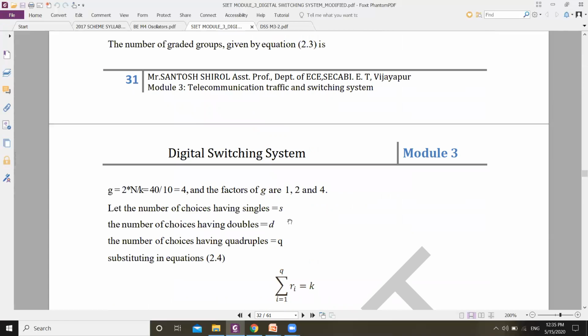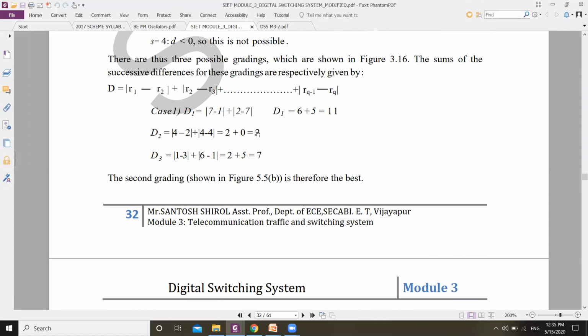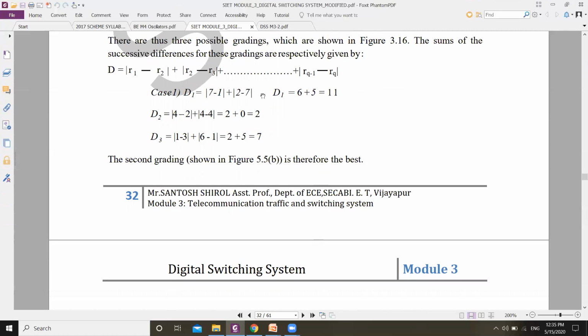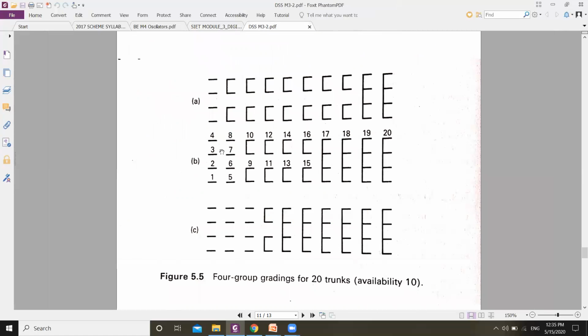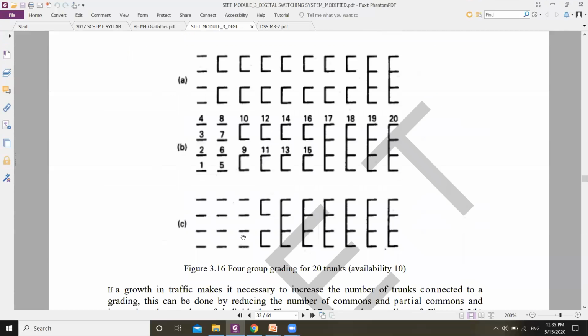So in this problem, D1 is 11, D2 is 2, and D3 is 7. Which is less over here? If you compare these three values, D2 has the lesser value. So the second grading is therefore the best possible option for us. That is what is shown over here, this is the second one, the best option for us.